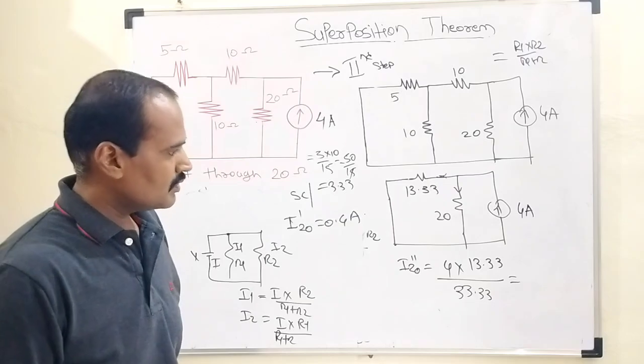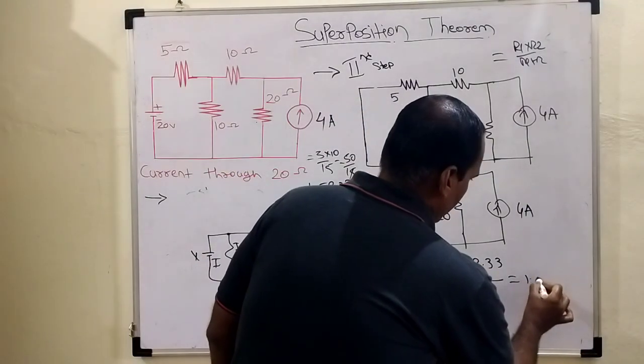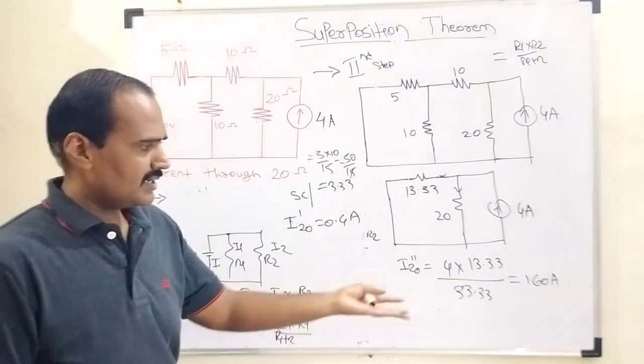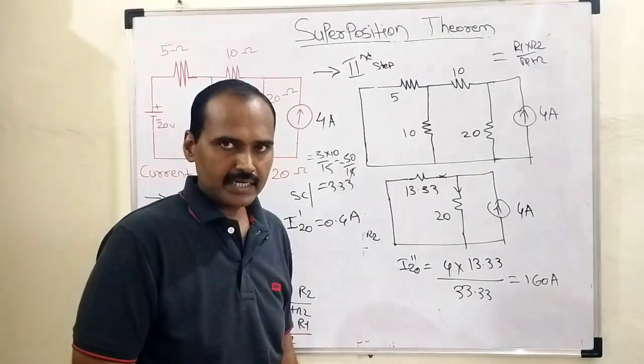This division approximately equals 1.60 ampere, or 1.5958. So the rounded off value will be 1.60 ampere.